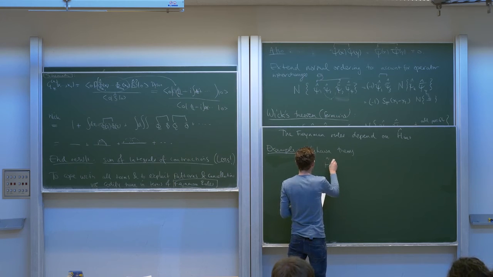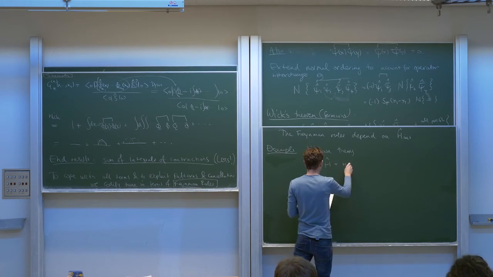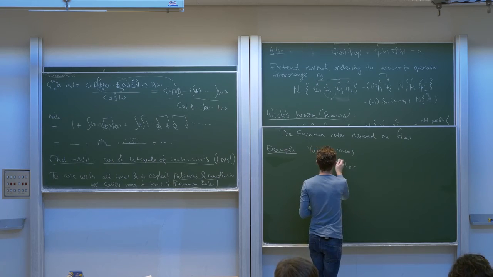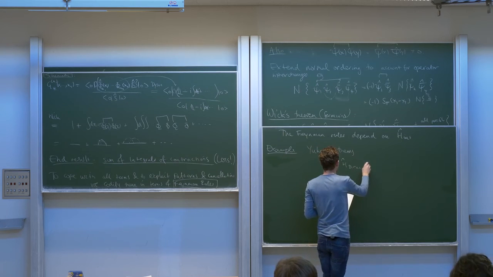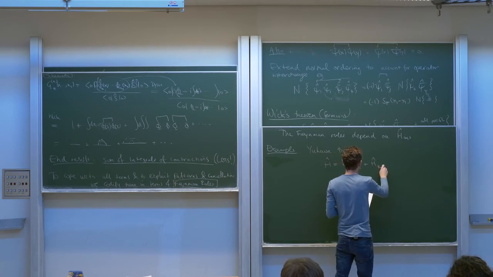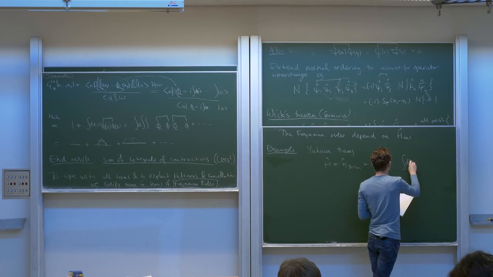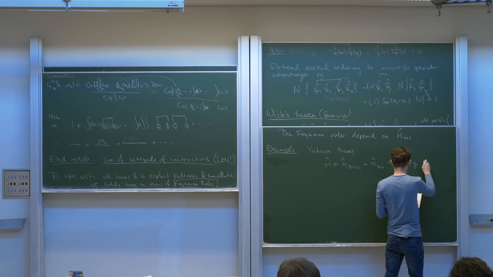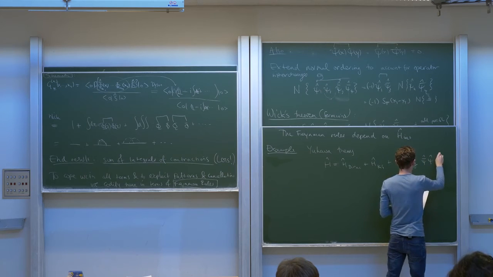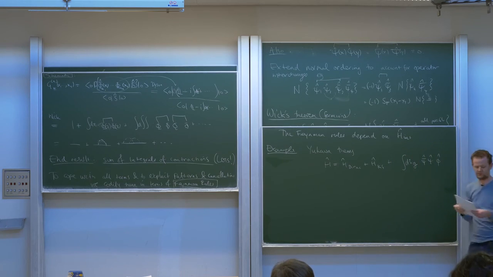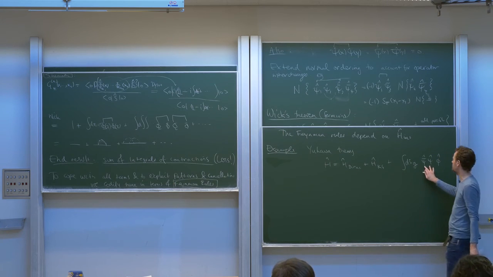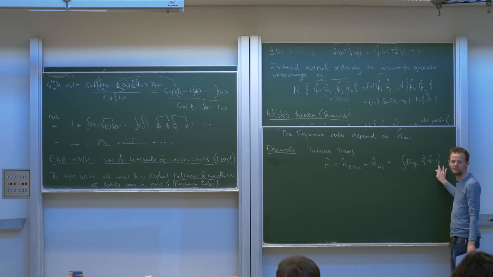The Hamiltonian is exactly the one I wrote down before. Namely, this very simple cubic interaction here between the fermion density and the boson field.